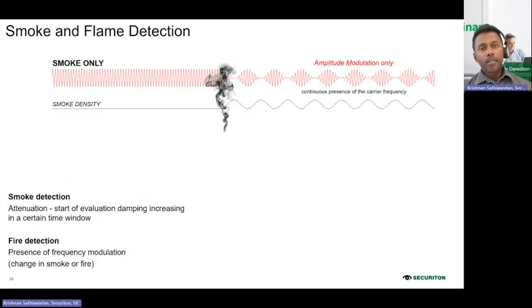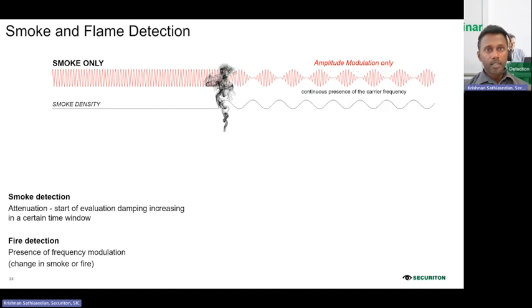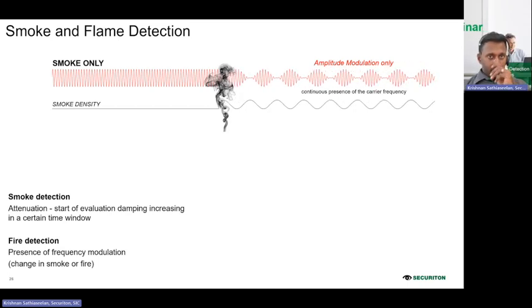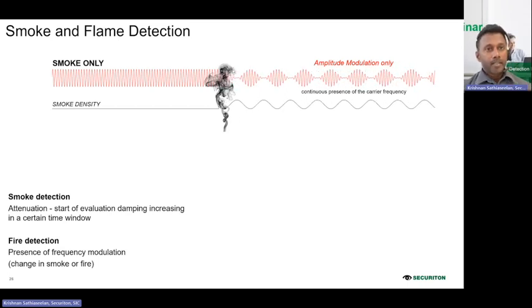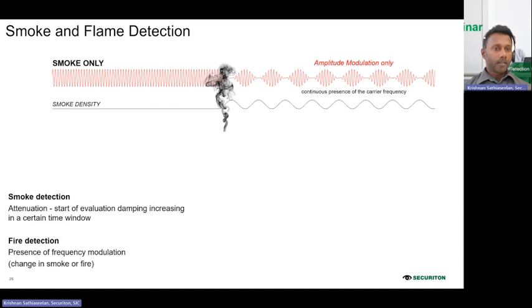Another important factor that I need to stress here is that it is not only smoke detection that it can distinguish, it can also do flame detection as well. The concept of our detection is obviously a smoke detector, but it also detects a small fire that happens.